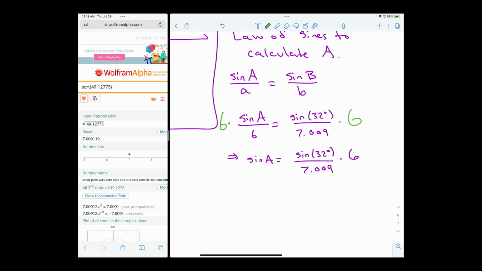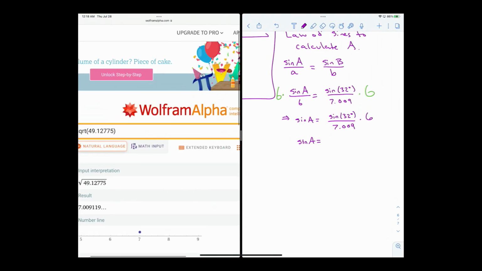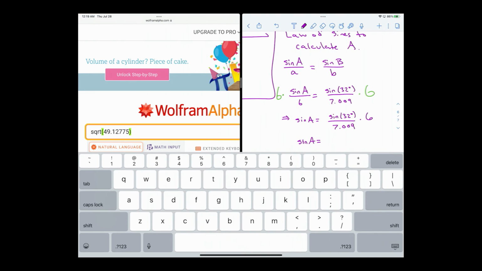So what do we do now? Well, we have sine A, and then we have something we can calculate on the calculator. So we have sine 32 degrees divided by 7.009 times 6.